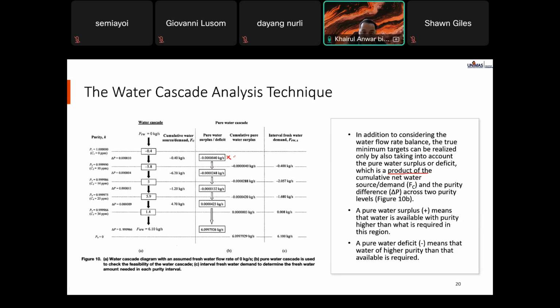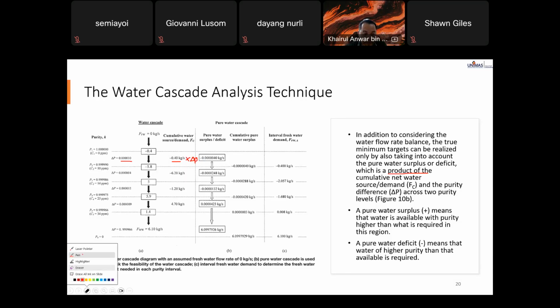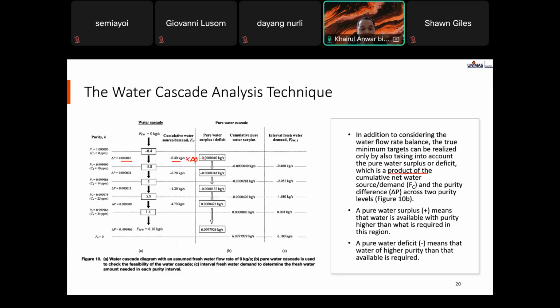This one multiplies with delta P. This one, 0.4, sorry, 0.4 multiplies with delta P, not this one. So 0.4 multiplied with this, we get negative 0.00004. The same thing for this, 0.0008.